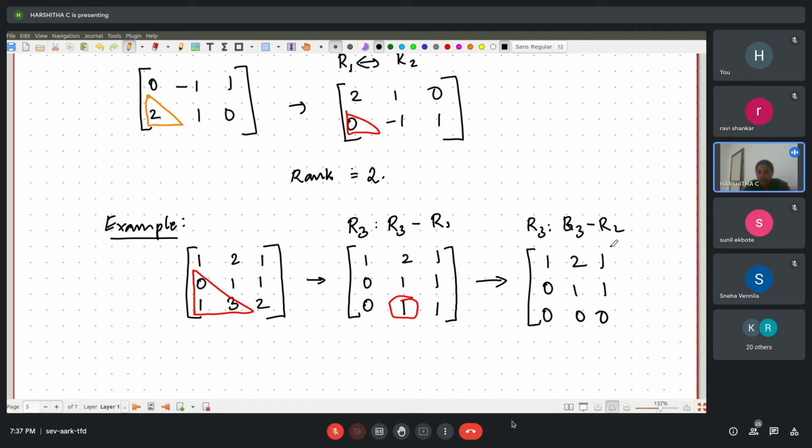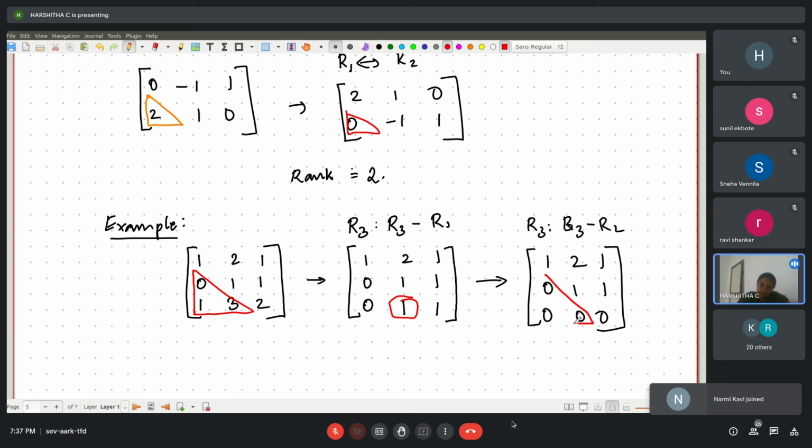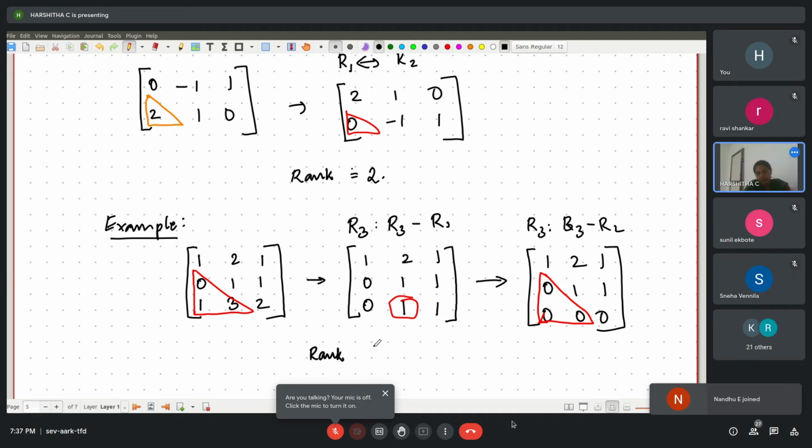The entire row is becoming 0. Right? So you see that there are only two non-zero rows after you have converted to an upper triangular matrix. So the rank of this matrix is 2.